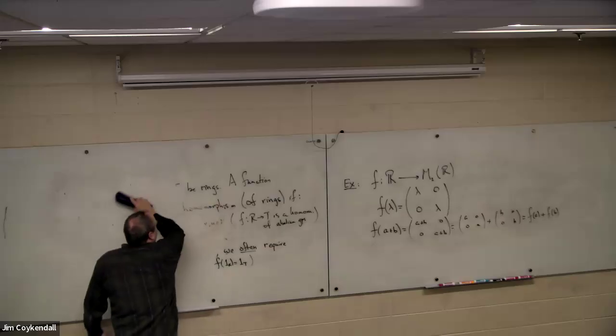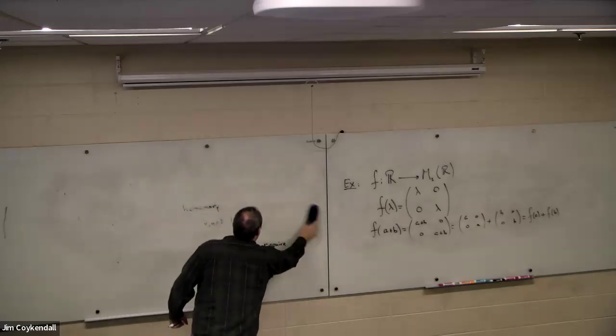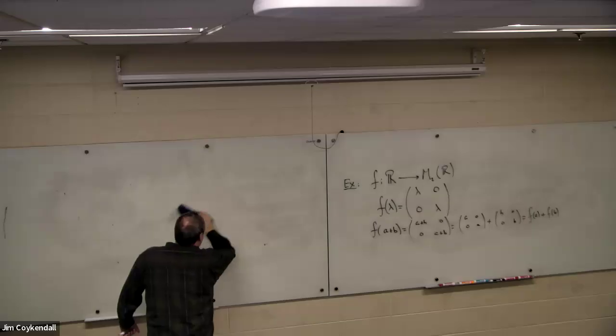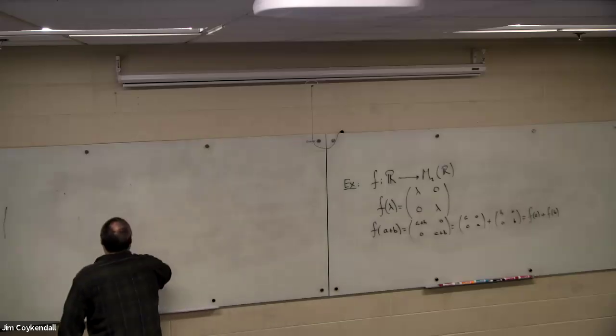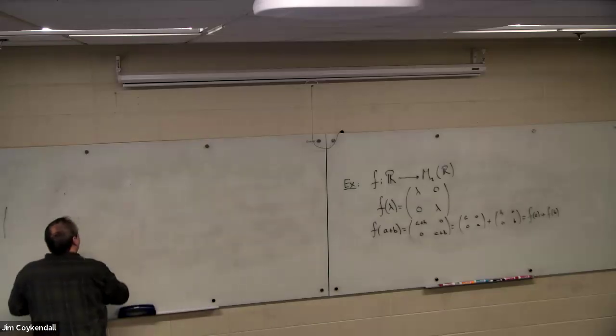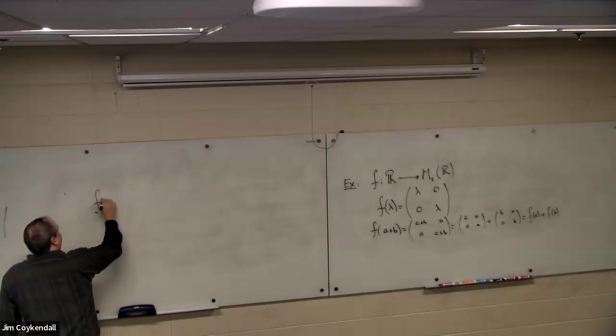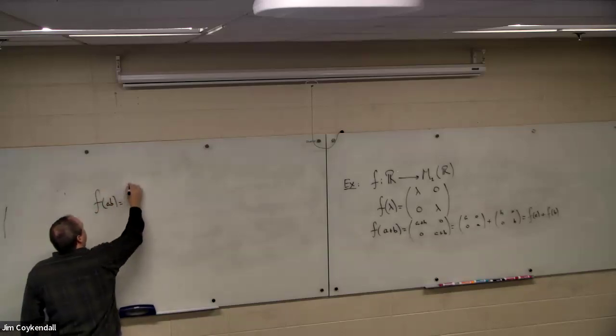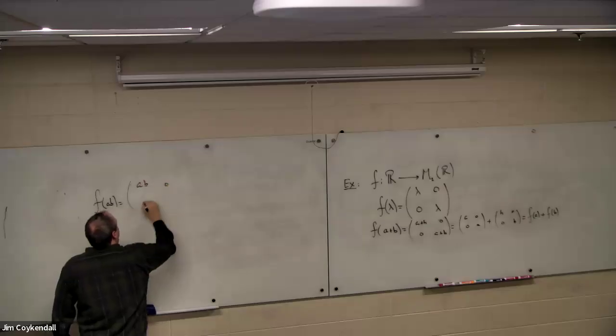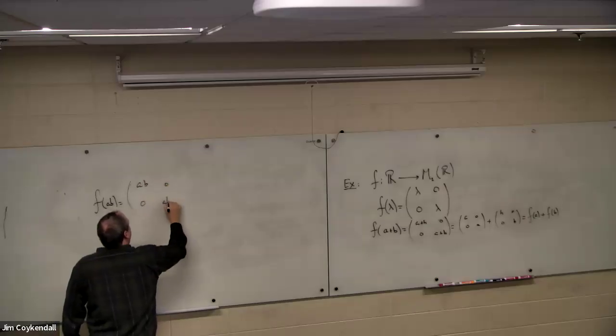And also, boy, we're lucky with this, because matrix multiplication doesn't usually work nicely, but it works nicely on the subset. If you look at F of AB, this is AB 0, 0 AB.